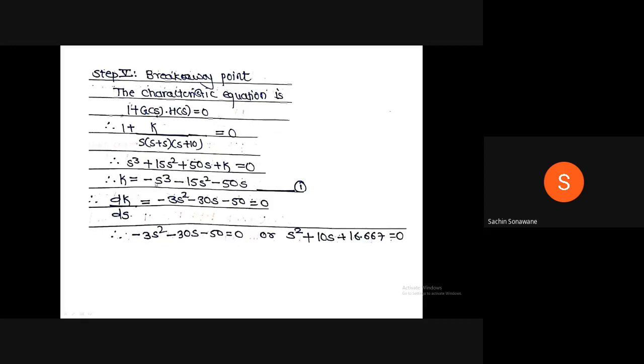Therefore k is equal to minus s cube minus 15s square minus 50s. Therefore dk by ds is equal to minus 3s square minus 30s minus 50 is equal to 0, or 3s square plus 30s plus 50 is equal to 0.